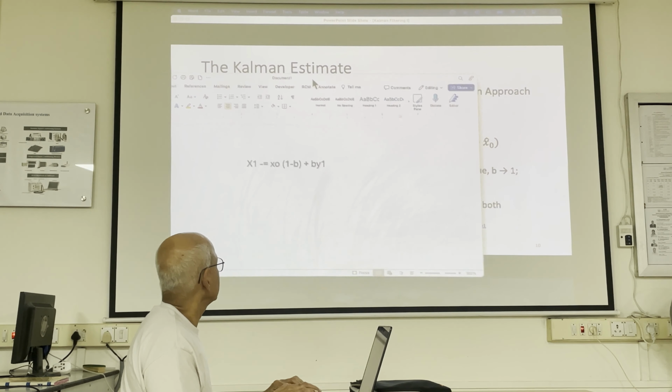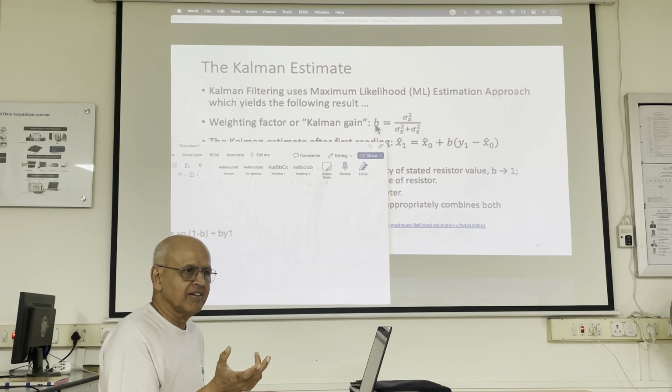But if I expand it, it has a lot of intuition built into it. You agree? This is the equation. So, what do you think is the range of B? Just look at it. Can B be larger than 1? Not possible, because you have sigma x squared and you have sigma x squared plus something, and this is a positive quantity. So B cannot be larger than 1, right? It has to be between 0 and 1.